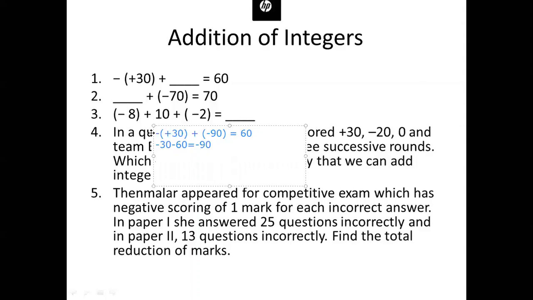Next, let's work out the second problem. Find out the missing number. Minus, blank, minus 70 is equal to 70. When there is no symbol, it means plus. Let me retain this blank here and move this to the other side.